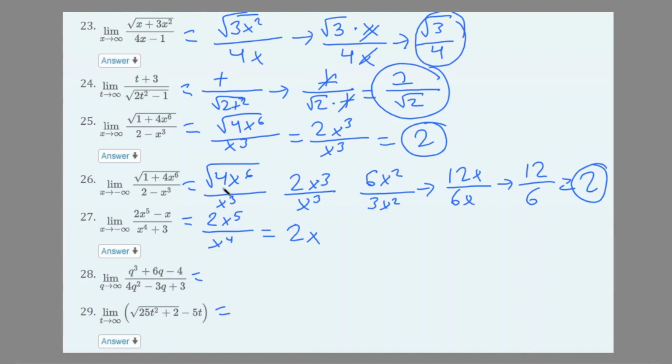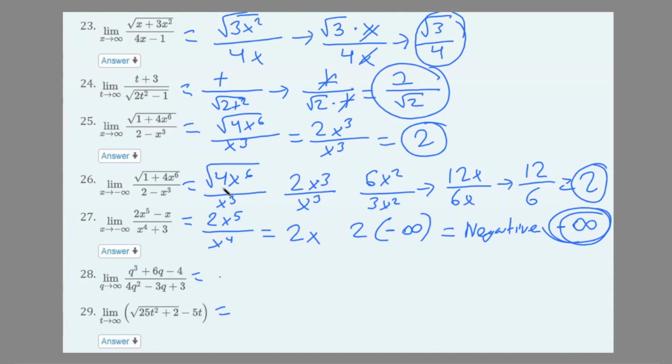Now, if we plug in numbers that get infinitely larger on the negative side, what do we get? 2 times, let's say hypothetically, negative infinity. A positive times a negative is a negative. So we would get a negative number that is getting infinitely larger, which is represented by negative infinity. So that would be your limit, negative infinity right there.